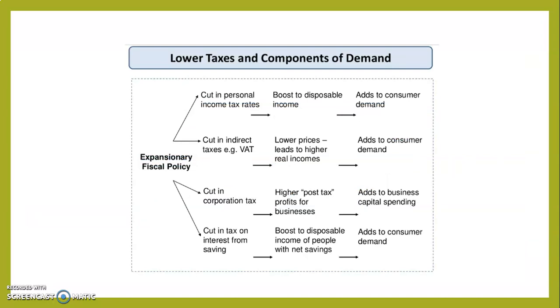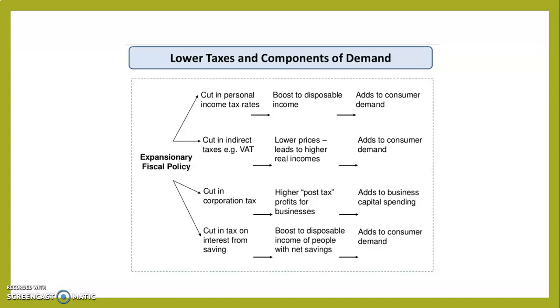If you remember, last semester we studied some types of taxes: the income tax rate, the indirect taxes, and the corporation taxes.